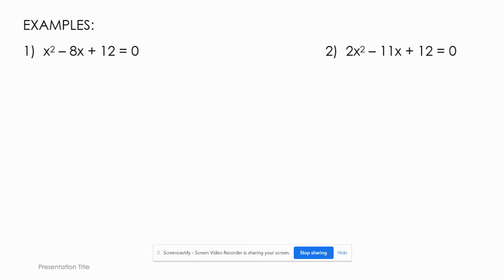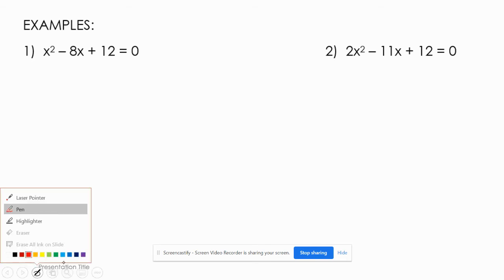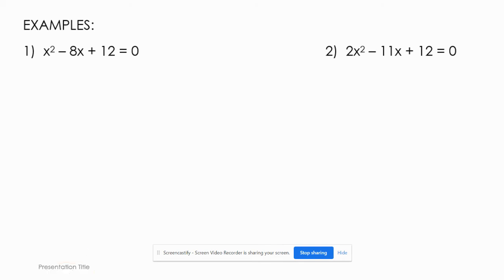You can read through that stuff at the top of your notes, but basically, let's just dive in and get to our factoring and why this works. Remember, we're not focusing on the equals 0. We're only focusing on the left side. Is it in standard form? Yes. Is it equal to 0? Yes. Do we have a greatest common factor?